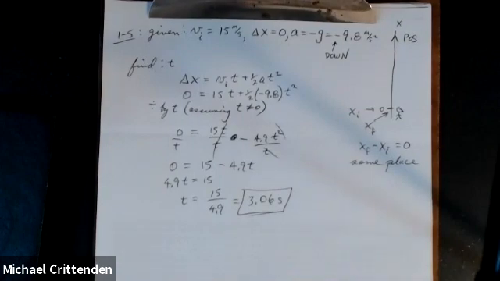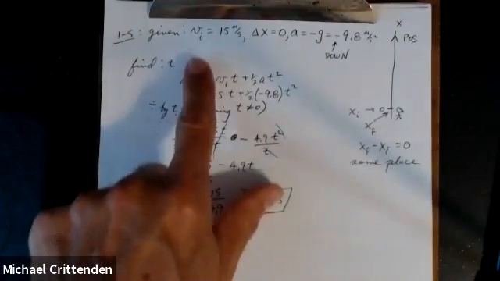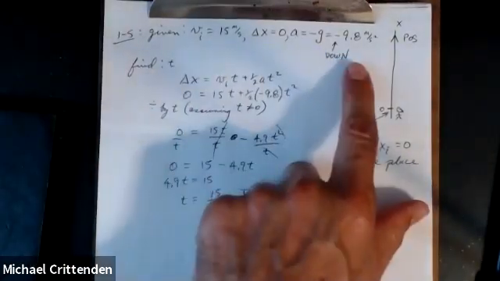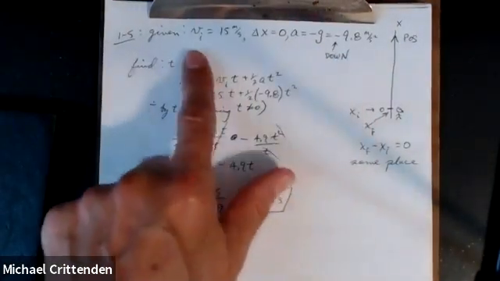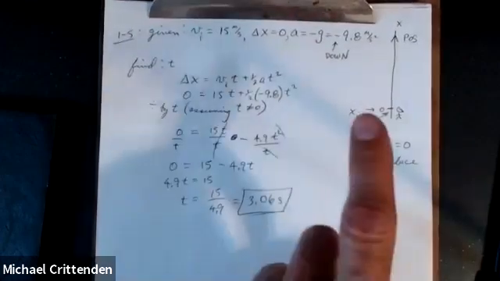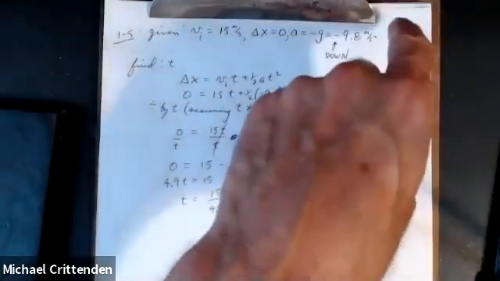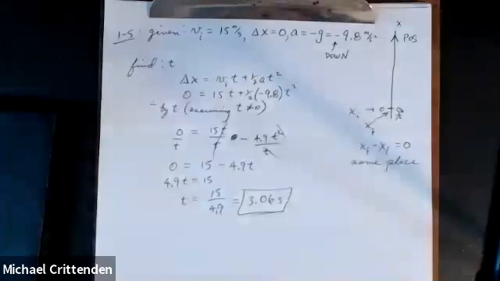As I said, there are other ways of approaching this problem. One popular way to do it is, instead of considering the whole thing up and back, to consider the one-way trip where it's just going up. V initial equals 15, V final equals 0. The velocity is 0 when it's up at the top.